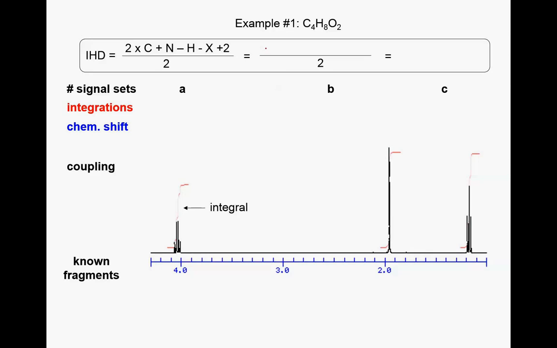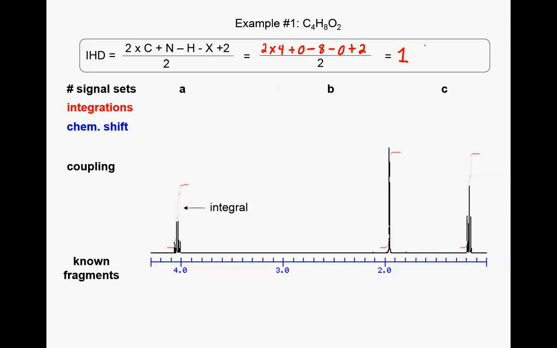If we plug all these in, we've got 2 times our 4 carbons, no nitrogens, minus 8 hydrogens, no halogens, plus 2. So 4 times 2 is 8, minus 8 is 0, plus 2 is 2, divided by 2 equals 1.